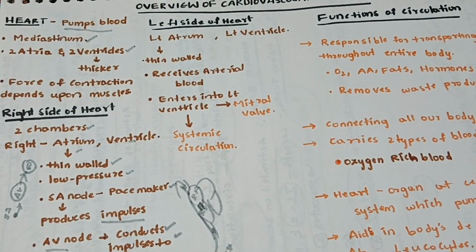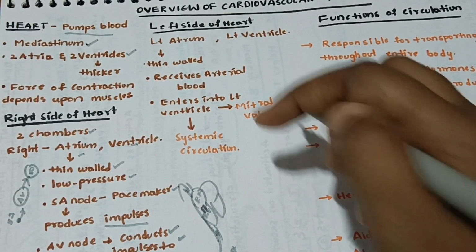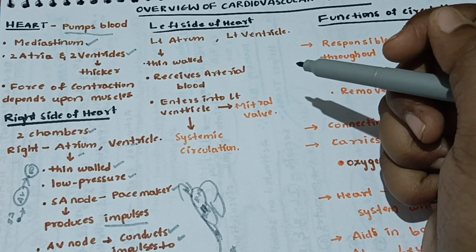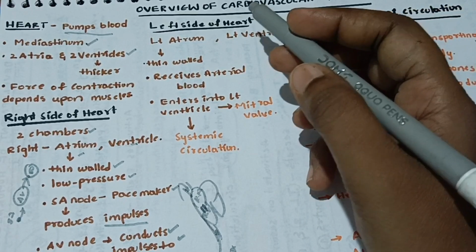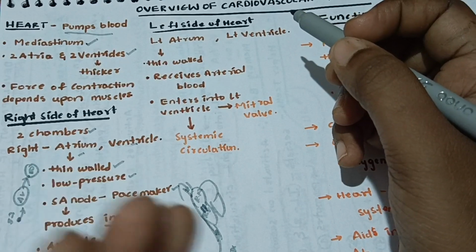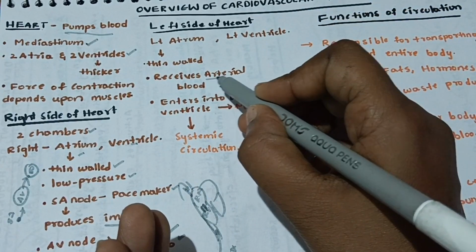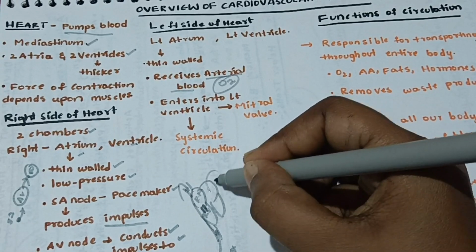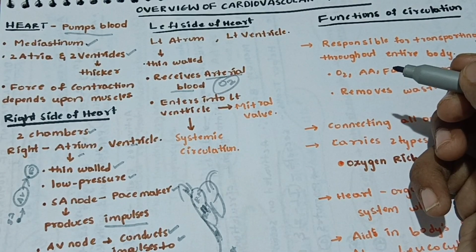Now we will see the left side of the heart. The left side contains the left atrium and left ventricle. Obviously, the atria are thin walled, whereas the ventricles are thick walled. The left atrium receives arterial blood, that is oxygenated blood, from the lungs.